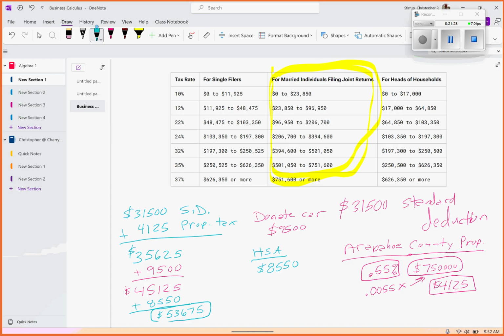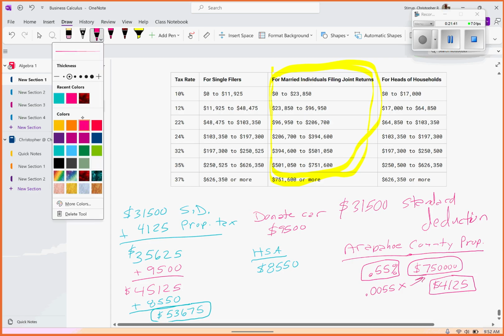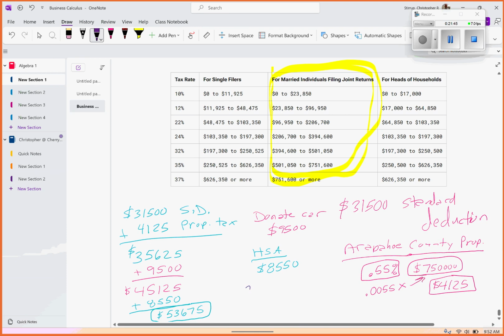So with that known, if I'm lowering my taxable income, let's say that between my wife and I, we made $275,000.